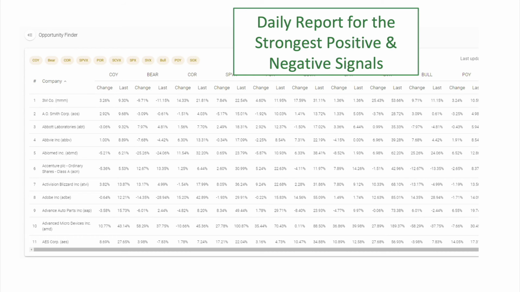So you can look at things like the call option yields, you can look at bear indicators, call option rates, numerous types of volatility indices, and even within this, you can also sort through each of these columns to sort by change or sort by last for call option yields and so on over to put option yields.